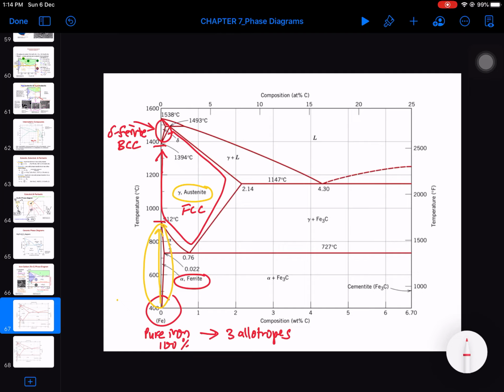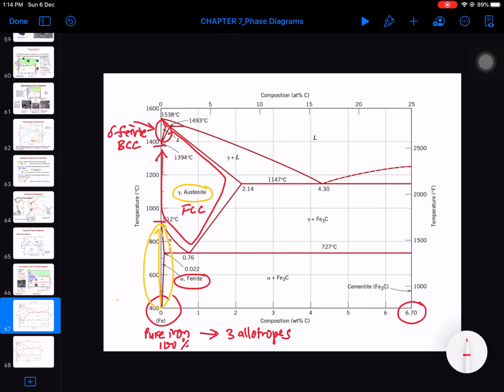But it's a bit different for the iron and iron carbide phase diagram, because just now we looked at the left hand side, where there is 100% iron, which is pure iron. But when we go to the right hand side end of the phase diagram, we see that it ends at 6.7 weight percentage of carbon.